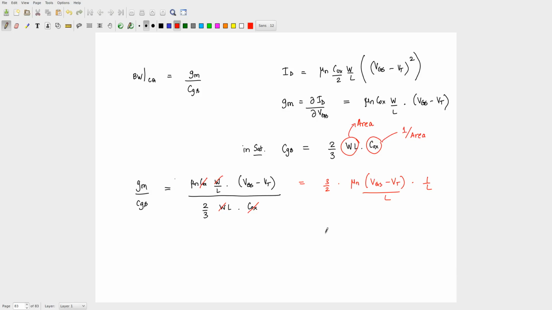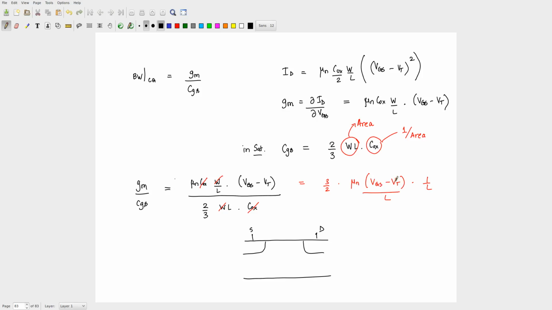Okay. So now if you look at this, you have your MOSFET, right? What does the MOSFET look like? You have something like that. This is your source, this is the drain. Correct? And you are applying a voltage VDS. Now it so happens that this quantity, VGS minus VT by L, is essentially some kind of field.